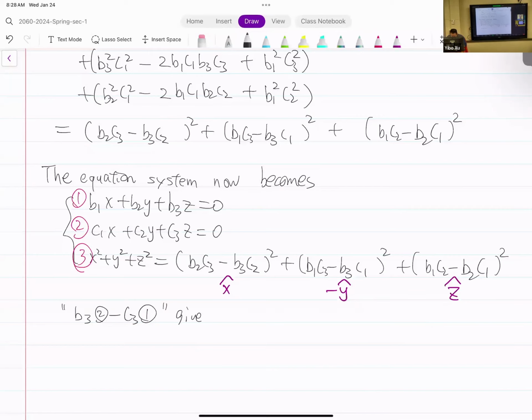This will give you a linear equation with only x and y, which is (B3C1 minus C3B1) x plus (B3C2 minus C3B2) y, which is 0. Let's call it equation 4.